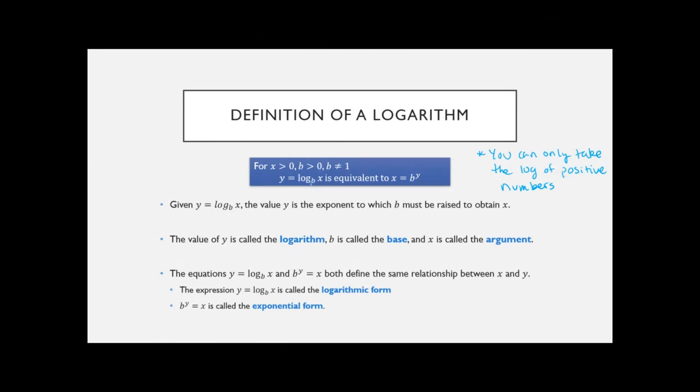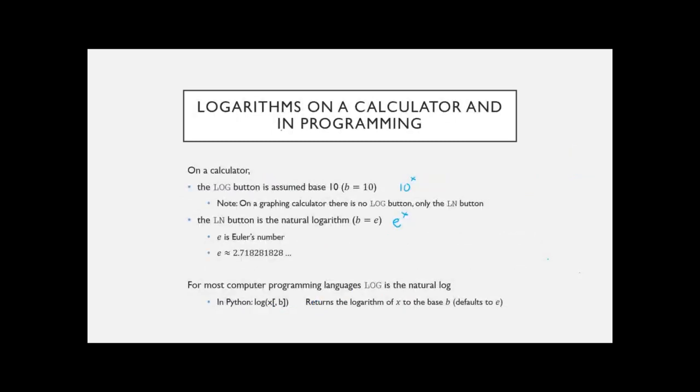The natural log has the number e instead, and that has a special name called the natural log. It is abbreviated ln, where that base there is e. So the ln of x is the same thing as taking log base e of x, where that base is just this special number.